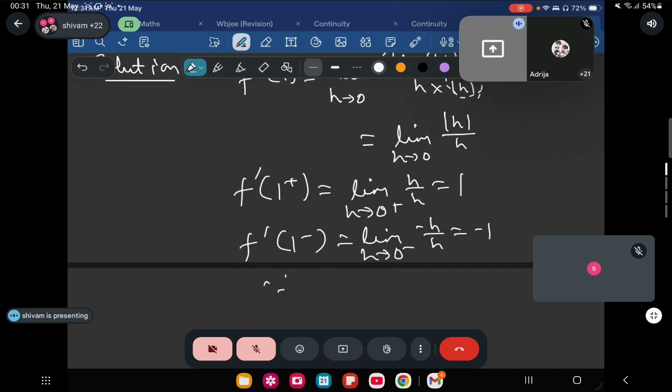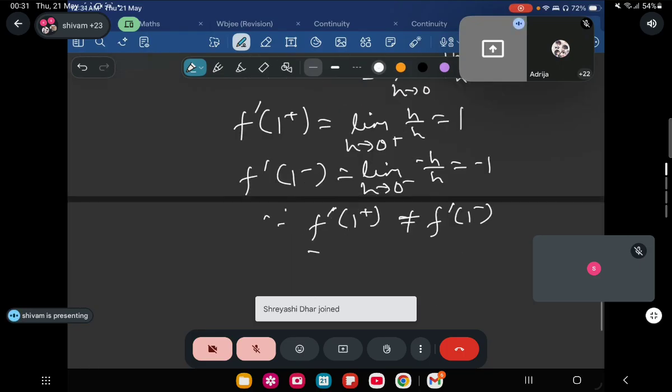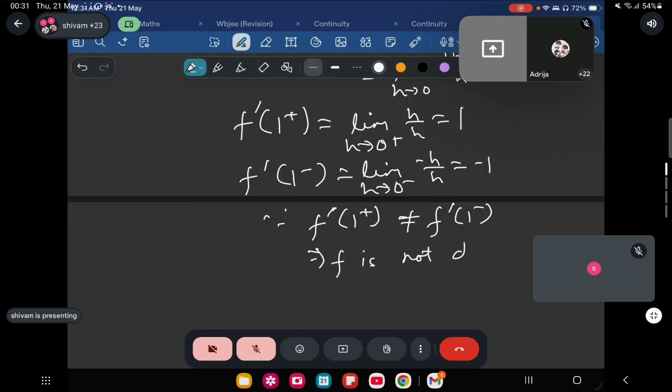So since f dash at 1 plus is not equal to f dash at 1 minus, this implies f is not differentiable at x equal to 1.